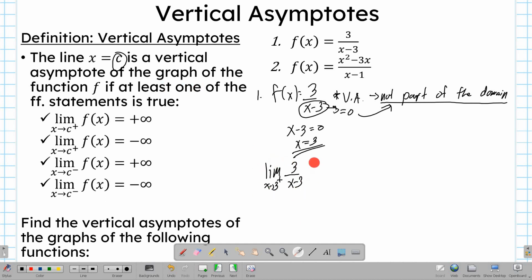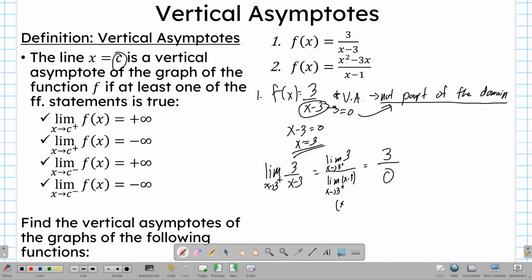Since this is a rational expression, we do what we did in our previous two examples. We can now separate this as the limit of 3 as x approaches 3 from the right over the limit of x - 3 as x approaches 3 from the right. We know that the one in the numerator is 3 and the denominator is 0.